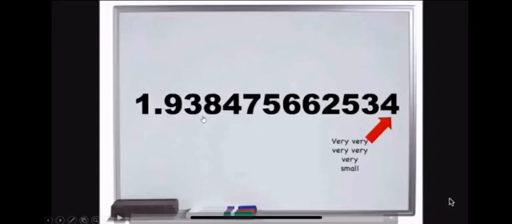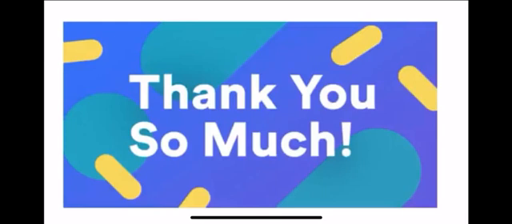The more you move this way, the smaller and smaller the number becomes. So the number 4 here is very, very small. Yes, we can have many different numbers after the decimal point, and we are going to learn this in the next lesson. Thank you for watching and hope you enjoy this lesson.